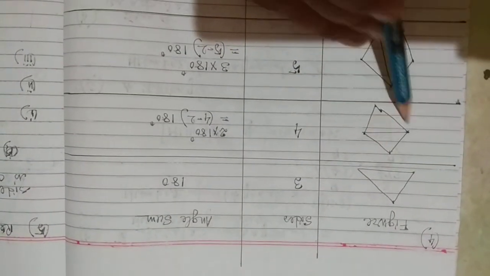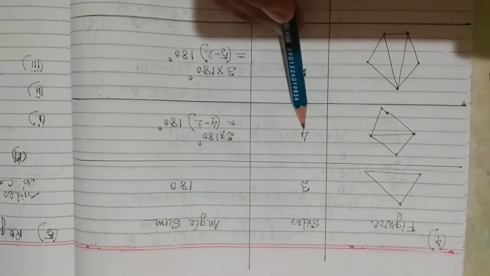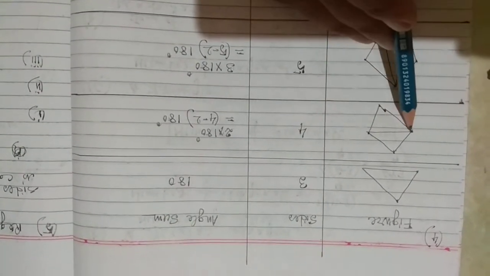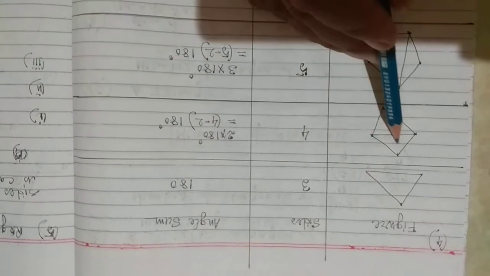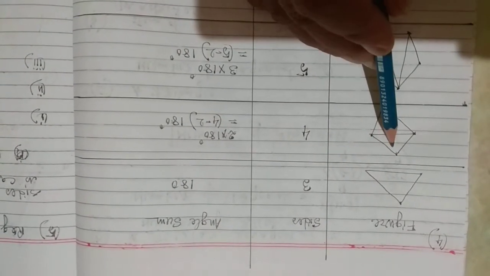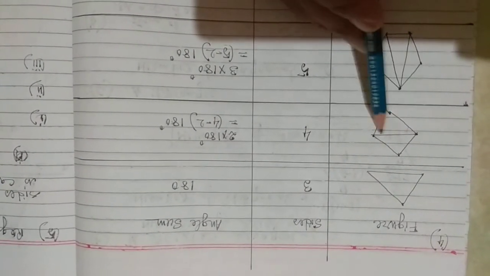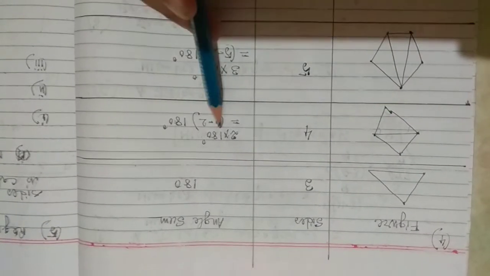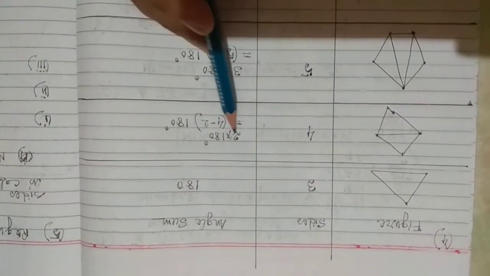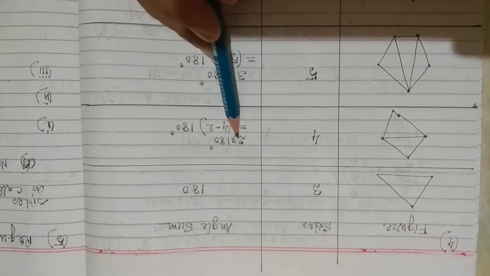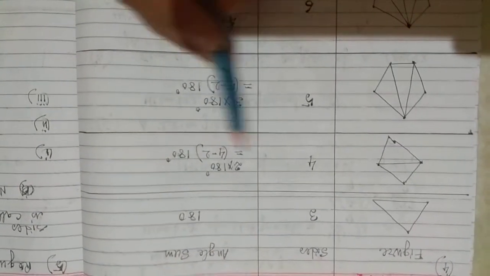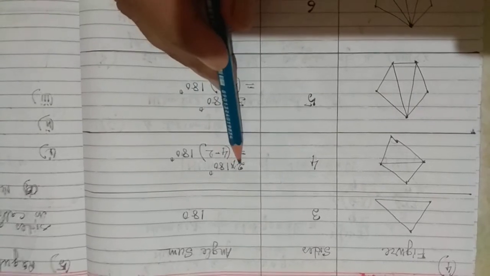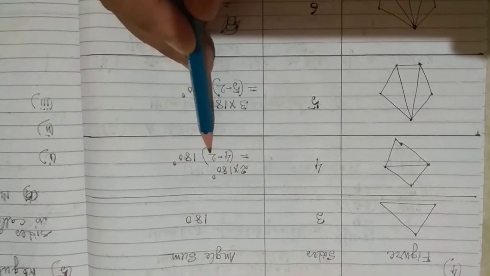It is a quadrilateral, number of sides is 4, and if we draw this diagonal, there are two triangles, so 2 into 180 degrees. 2 can be written as 4 minus 2, so (4 minus 2) into 180 degrees.